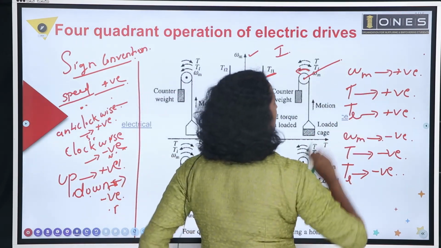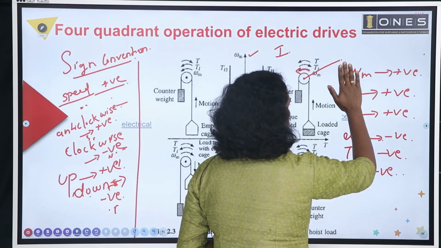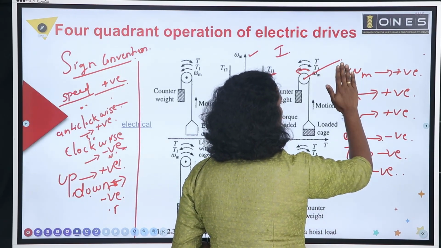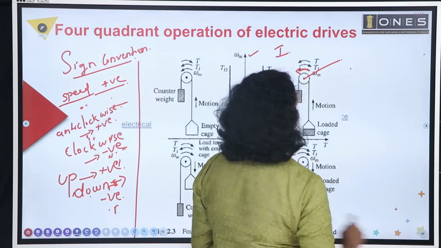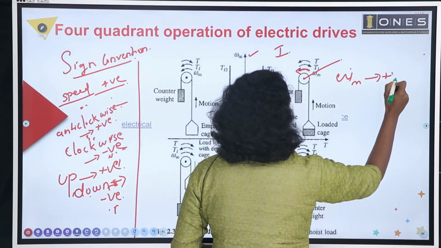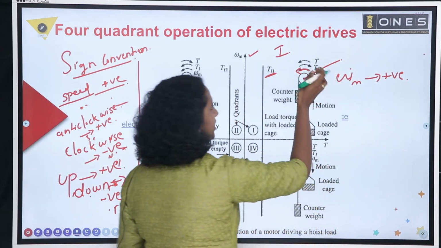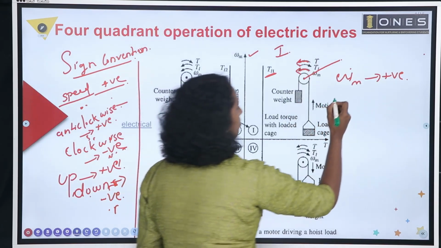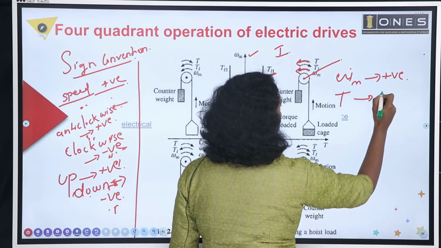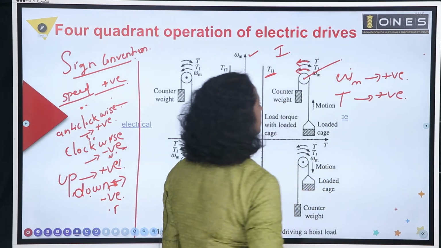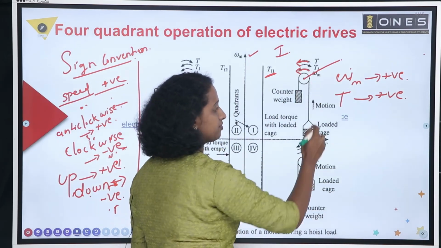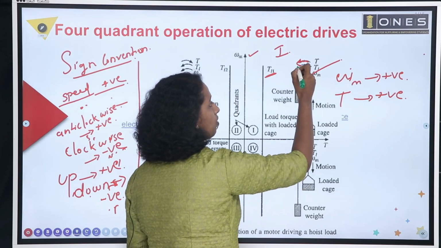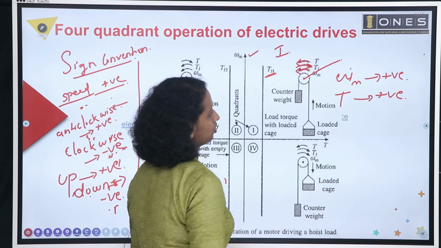അതുകൊണ്ട് സ്പീഡ് എന്താണ്? സ്പീഡ് പോസിറ്റീവ് ആണ്. Speed is positive, and applying torque, that is also in this direction. So motor torque is also positive, and load torque, that is the gravitational torque, that is in the opposing direction of the motoring torque.